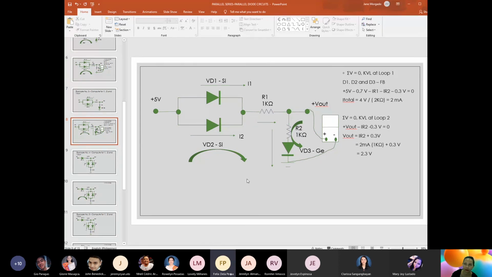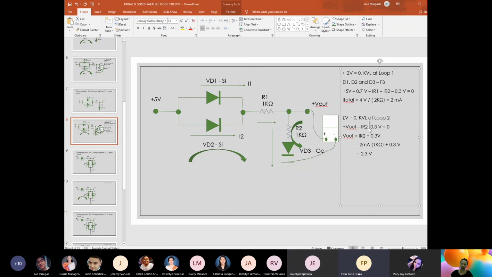Question, ma'am: how does negative become positive? I know the base of the diode is positive, and then where it exits. Yes, so that's why it's minus 0.3.